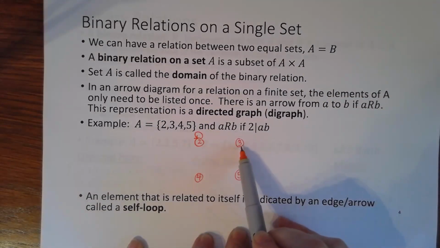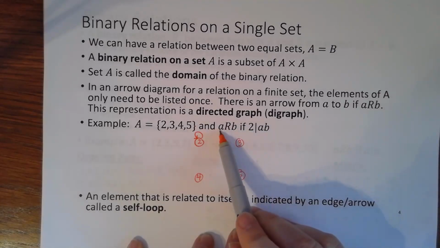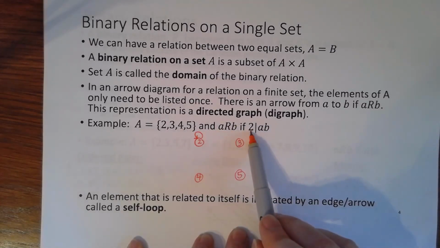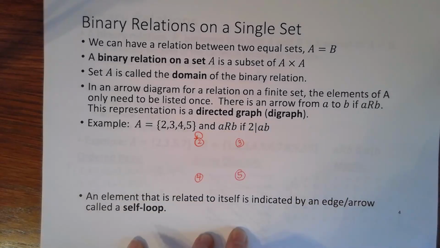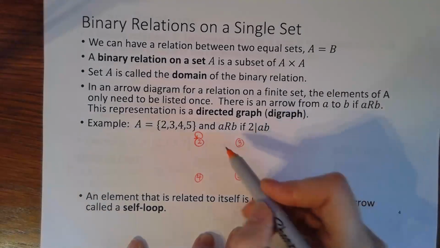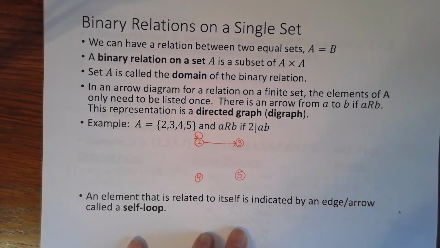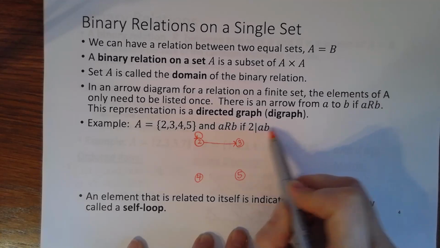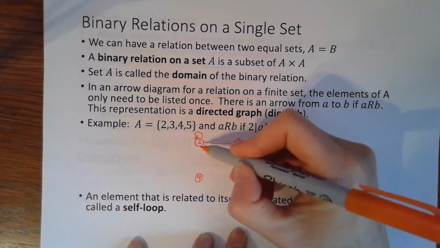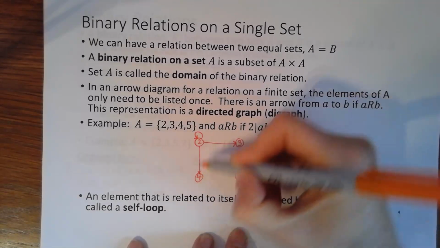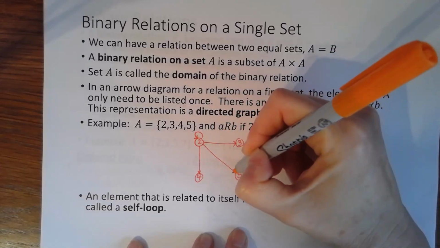Is 2 related to 3? Well, 2 would be related to 3 if 2 divides the product 2 times 3. Certainly it does, because 2 is one of the factors. Hopefully we can see that 2 is going to be related to everything, because 2 is going to divide 2 times anything. So 2 will be related to 3, it'll be related to 4, it'll be related to 5.